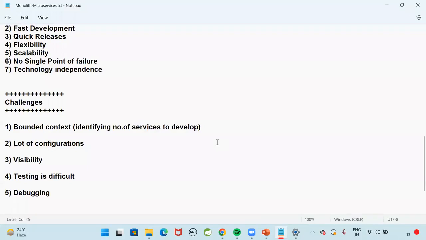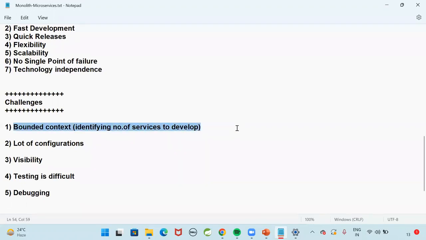That is one of the problems, bounded context.